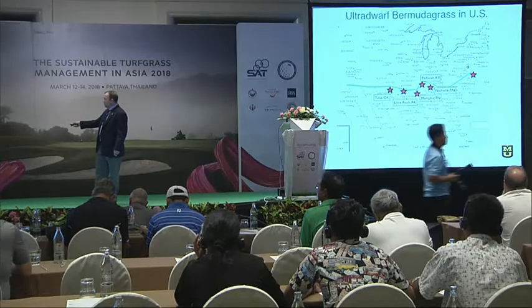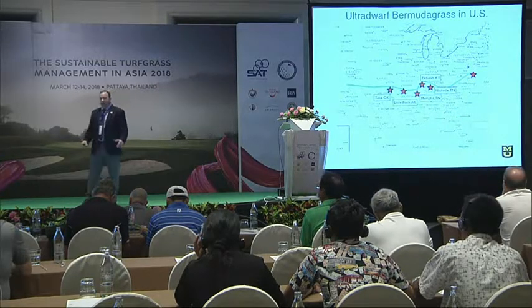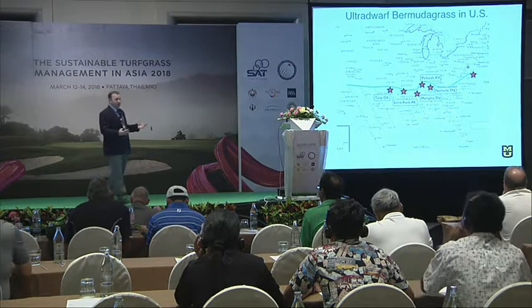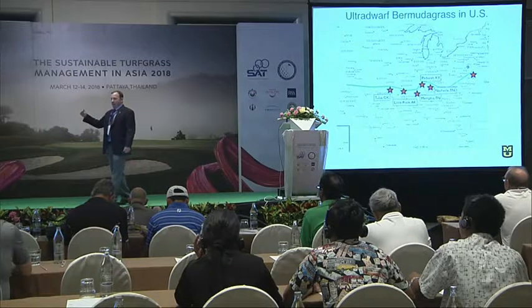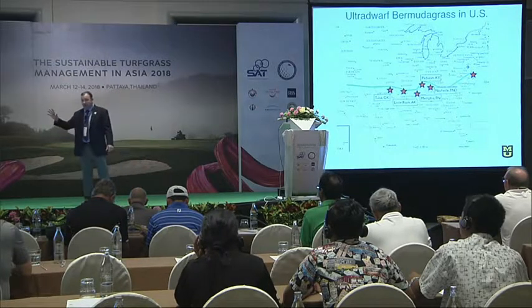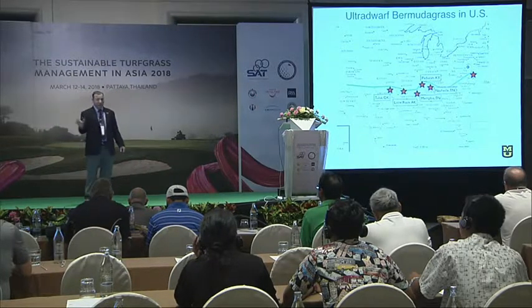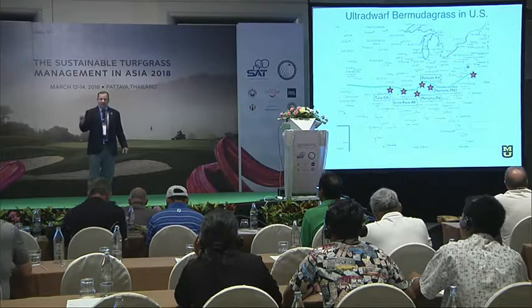But here in northern Arkansas, Paducah, Kentucky, you can see all of this range is pretty much where ultra-dwarf Bermuda grass greens have taken over bentgrass greens. We have a few folks thinking about the transition to ultra-dwarfs, but we had a very, very cold winter a couple years ago in 2014, and that shut that down.